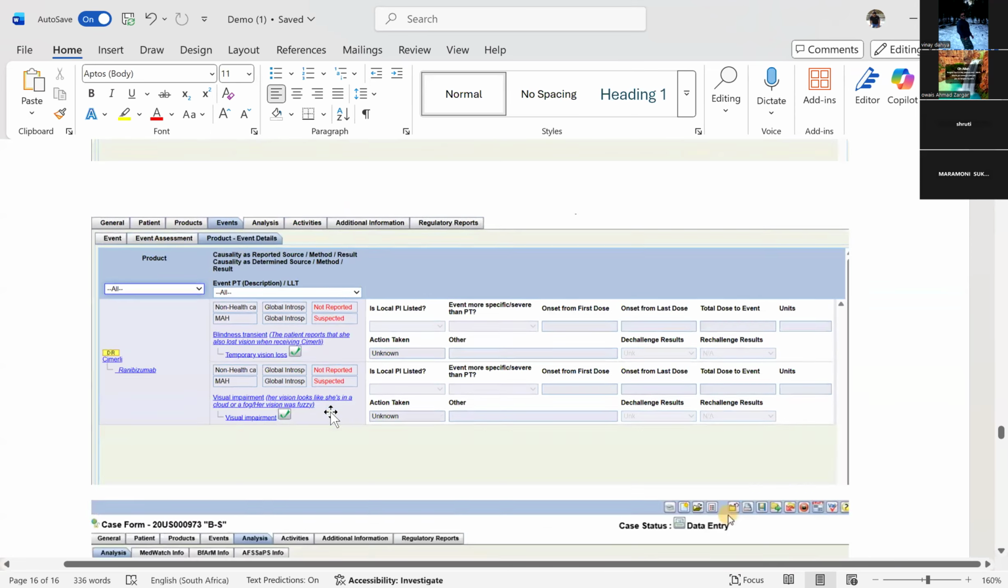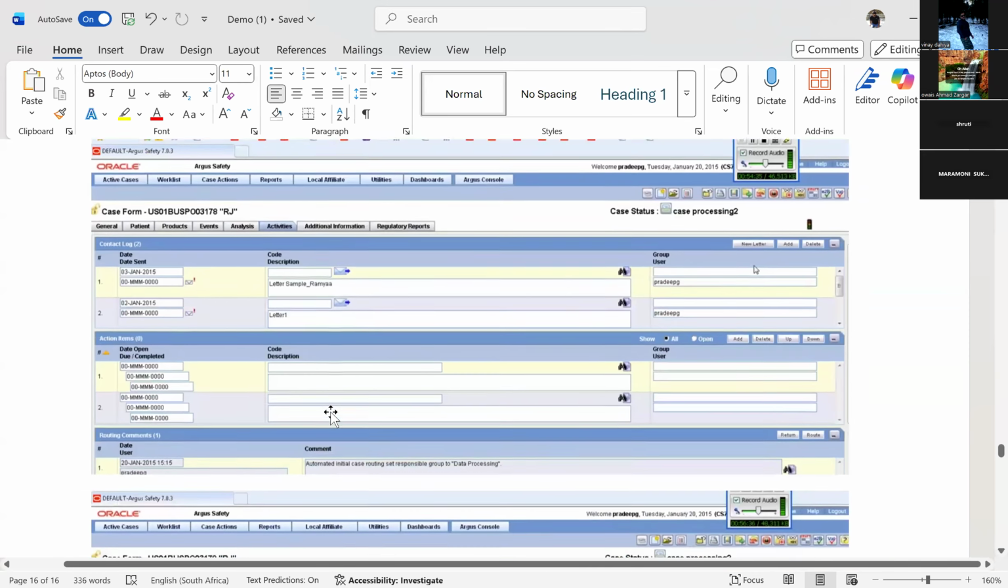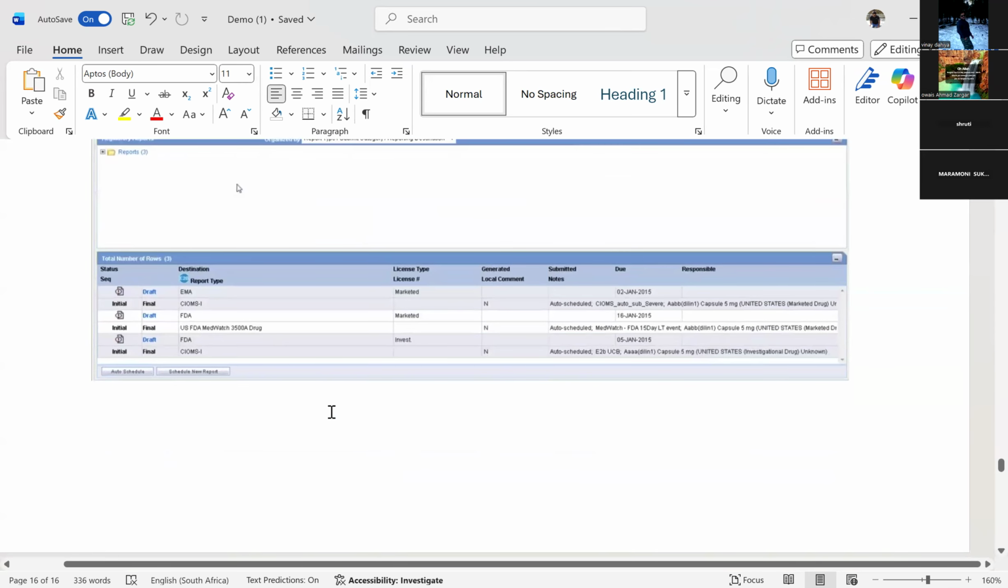So this is where automation is being implemented within the safety databases. Whenever a case meets any expedited criteria, the reports will be auto-scheduled. You see, it is mentioned as auto-scheduled. And there are two different authorities, one is EMA and one is FDA. And there are the types of forms that are submitted.